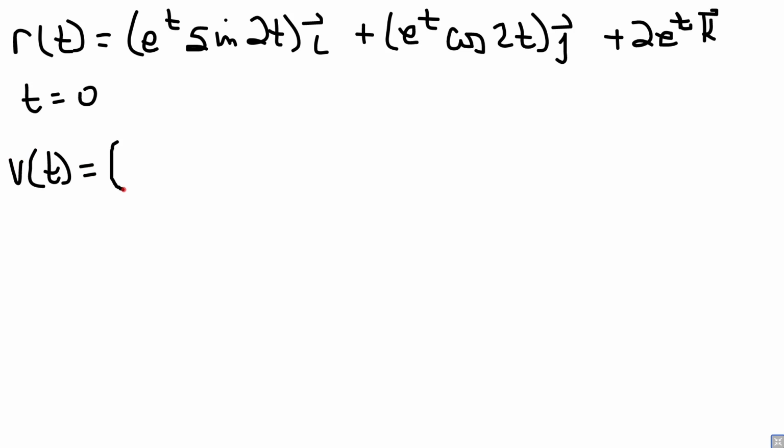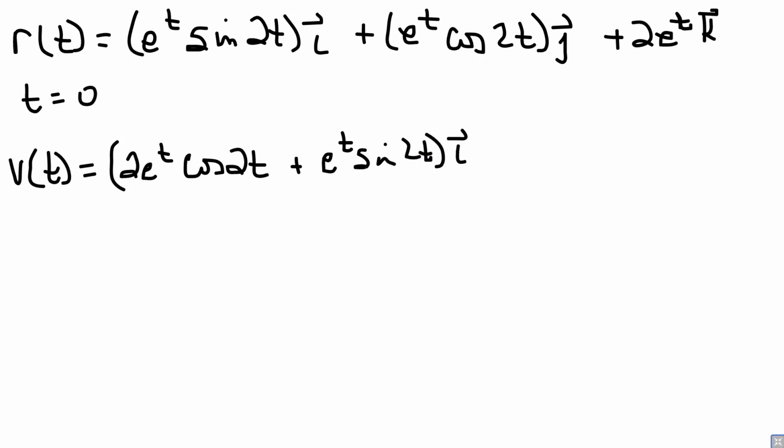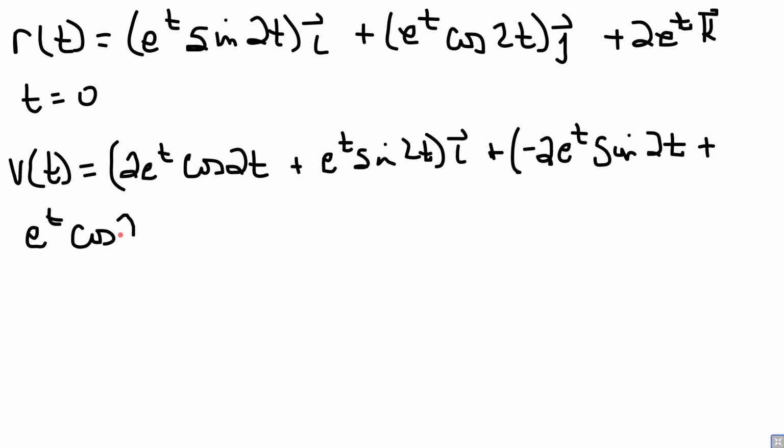For the velocity vector, we're going to have 2e to the t cosine of 2t plus e to the t sine of 2t in the i direction, plus negative 2e to the t sine of 2t plus e to the t times cosine of 2t in the j direction, plus 2e to the t in the k direction.